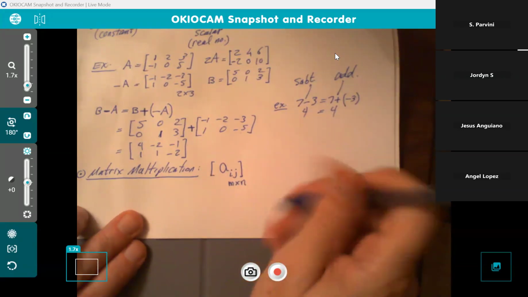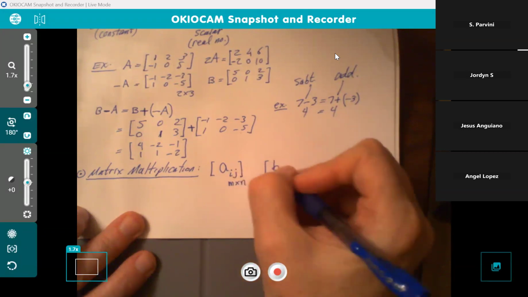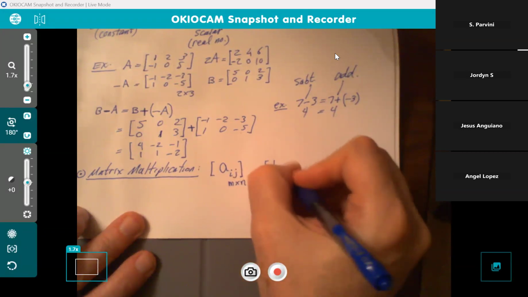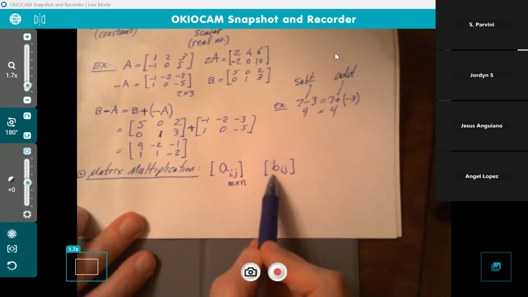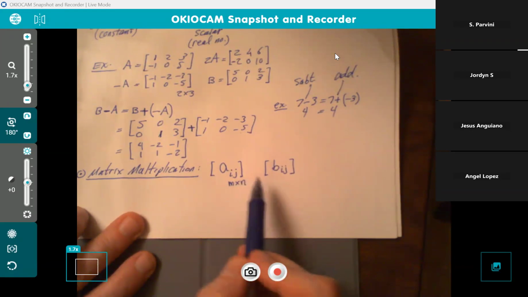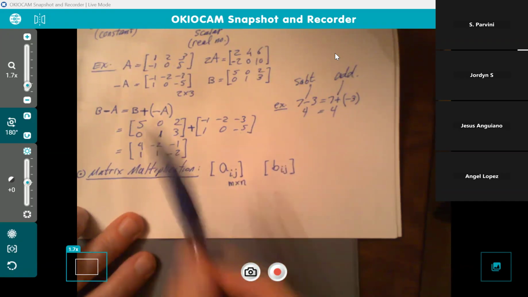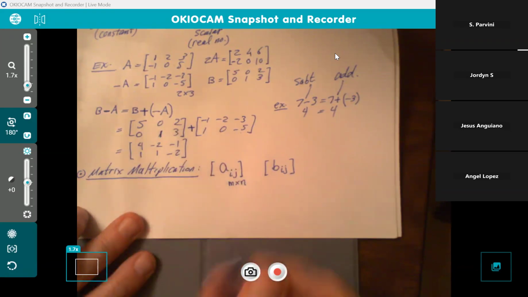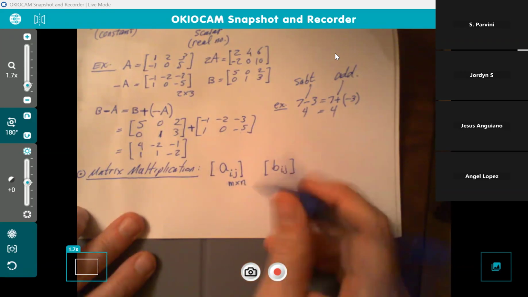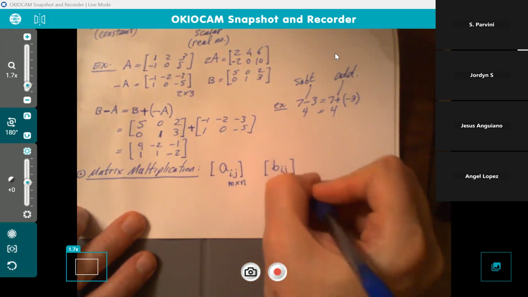And then I have another matrix B that's also b_ij. Now, when you add them, they have to have the same order, but not when we multiply them. In order for multiplication to be defined, B has to be n by p.